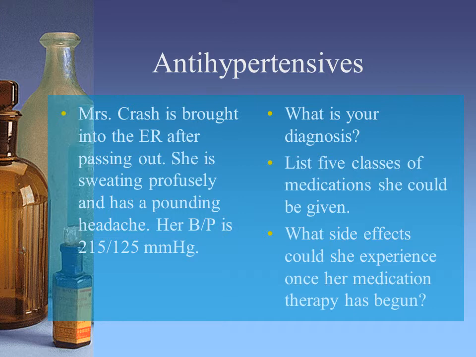So we'll say one of those medications was picked. My guess is it was going to be either an ACE inhibitor or an angiotensin receptor blocker. With that high of a blood pressure, we're going to want to pull that blood pressure down pretty quick. So what side effects would you want to warn her that she could experience once her medication therapy has begun?